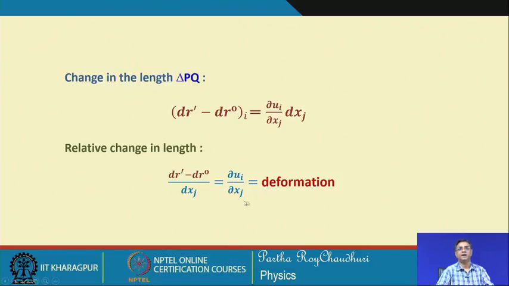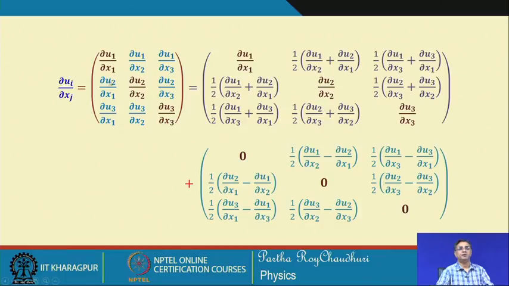So, we arrive at a deformation del u i del x j, where i and j can take values 1 to 3, which will give you all 9 elements of deformation, y with respect to x, x with respect to y, z with respect to x, and so on. So, that can be put in this form, del u 1 del x 1.